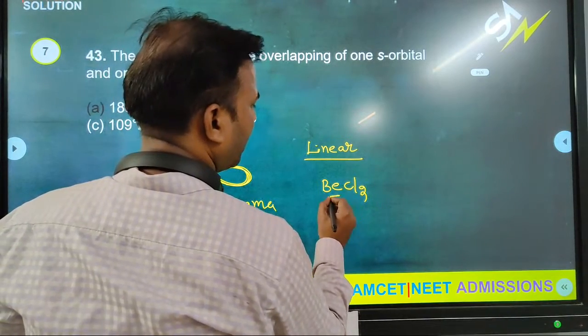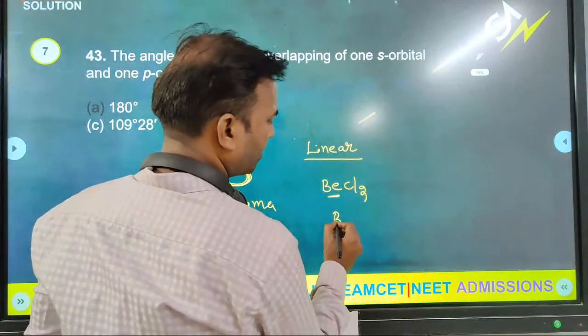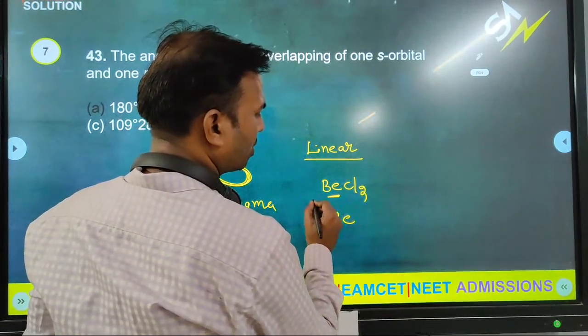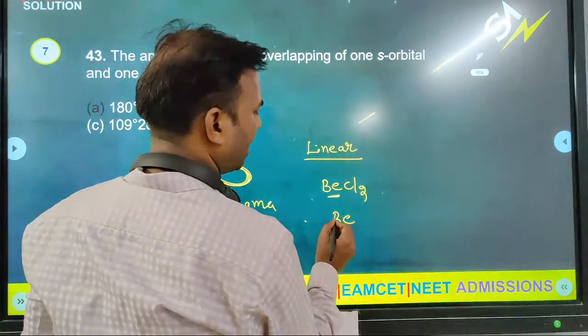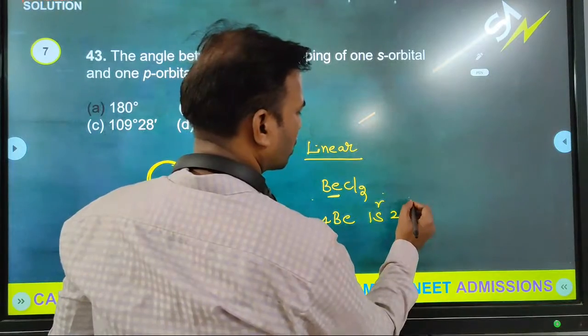In BeCl2, beryllium is the central atom. Beryllium has atomic number 4: hydrogen, helium, lithium, beryllium. So the electronic configuration is 1s2 2s2.